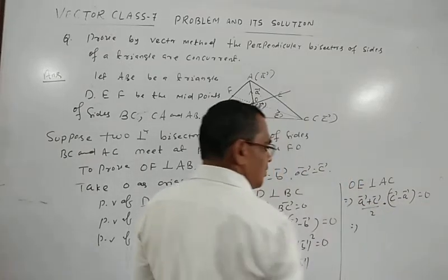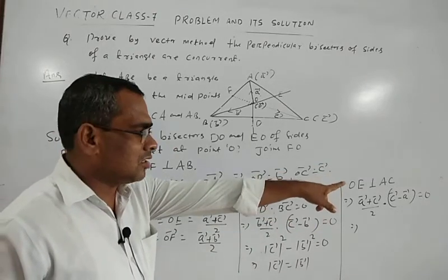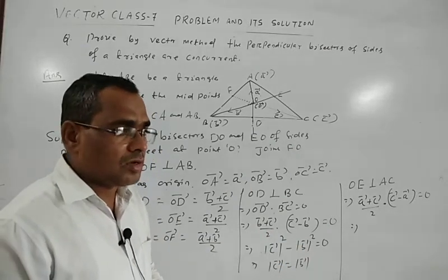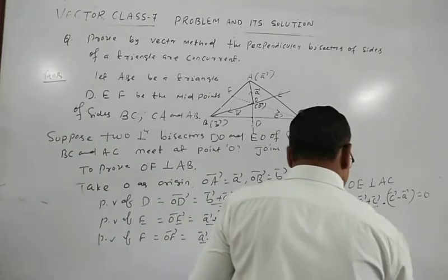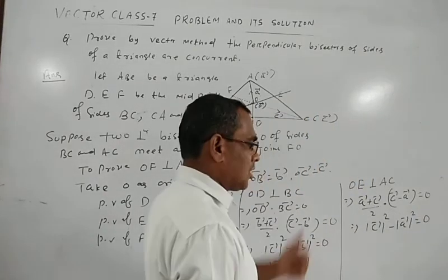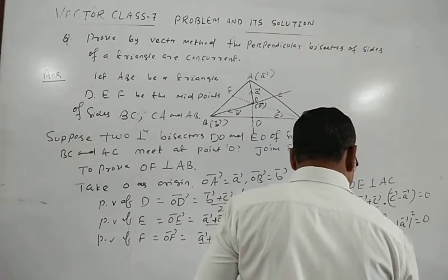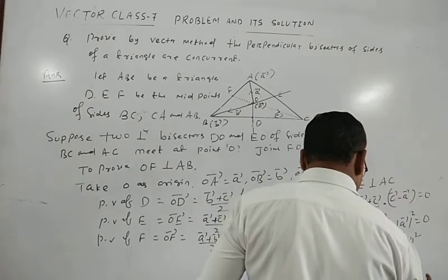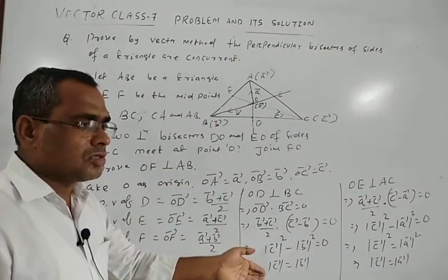The 2 is a scalar, so we multiply it on the right hand side: 0 into 2 is equal to 0. So (C vector plus A vector) dot (C vector minus A vector), that's why the magnitude squared of C vector minus the magnitude squared of A vector is equal to 0. That implies the magnitude squared of C vector is equal to the magnitude squared of A vector. That implies the magnitude of C vector is equal to the magnitude of A vector. So from 1 and 2, the magnitude of A vector equals the magnitude of B vector equals the magnitude of C vector.